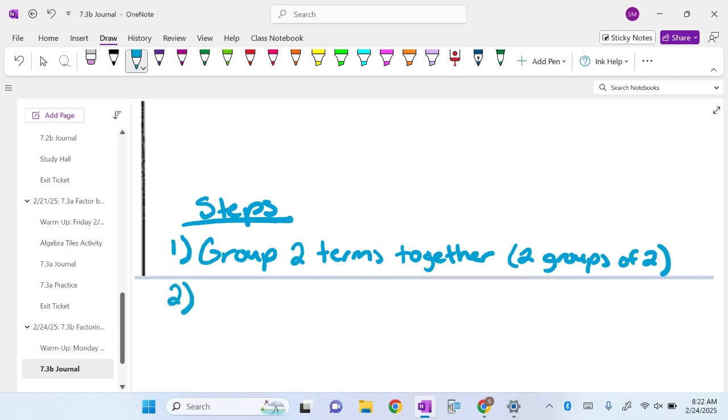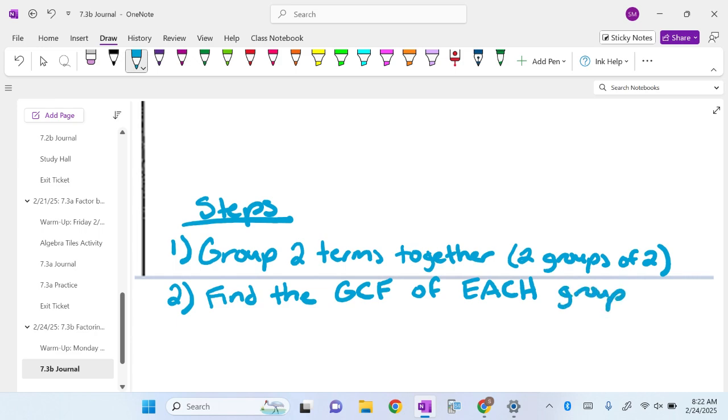The second step is to find the GCF, just the normal GCF like we've been doing on Friday, of each individual group. So the two groups are separate. You find the GCF of each.